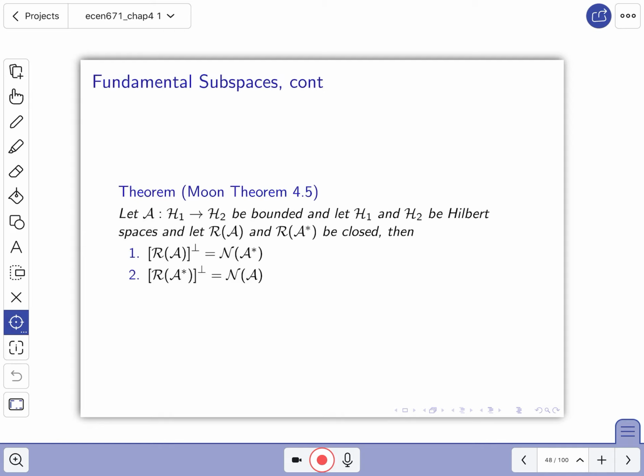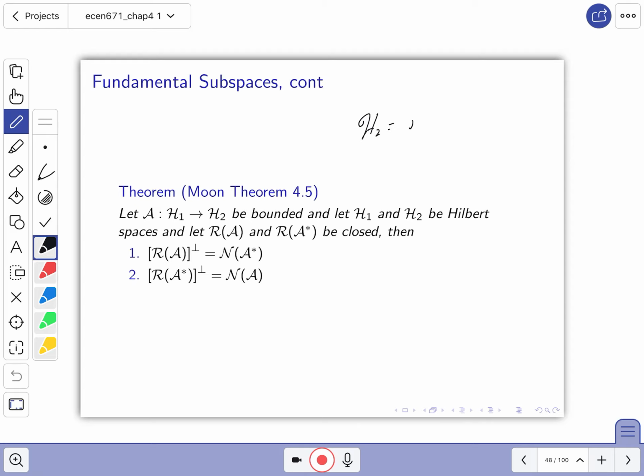We know that H2 is equal to the range space of A, orthogonal decomposition with the space that is orthogonal to the range space of A. So this would be kind of a tautology.